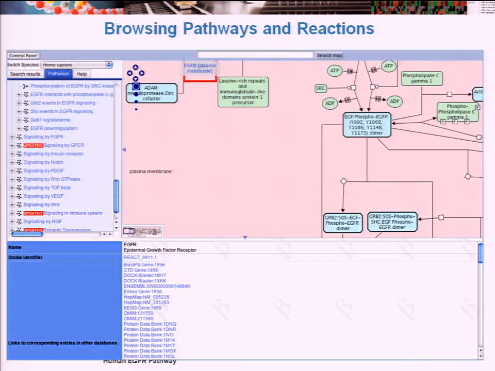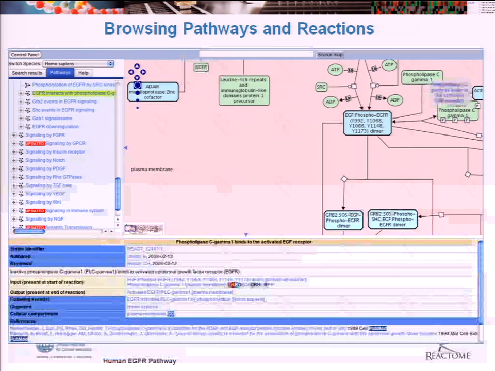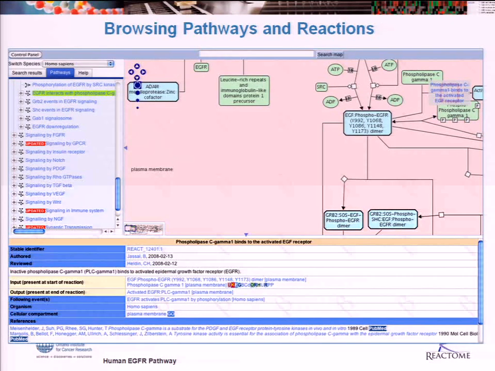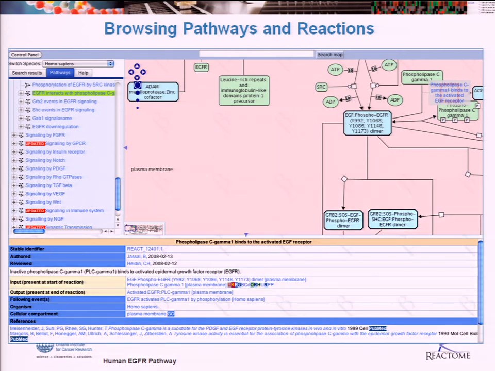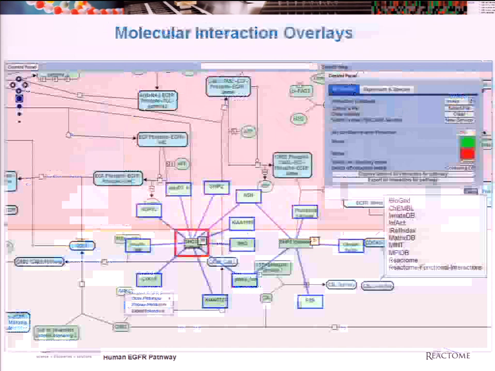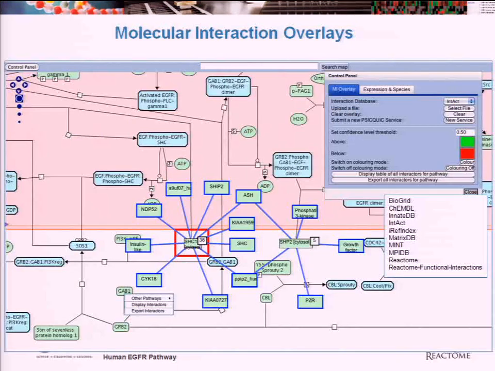Here we're getting some details, which is showing links to the database that provide vectors for the protein in their complexes, but the organism in which it occurs, the compartment, references which give evidence for the reaction.